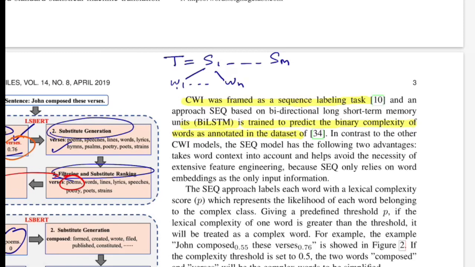And you're also given one label for each of the words. In case of named entity, it would be either person name, location, ordinal, cardinal, all of those categories. So in this case of complex word identification, you'll be given a sequence of words that belong to a sentence, and for each word, you'll be given whether it's a complex word or not.